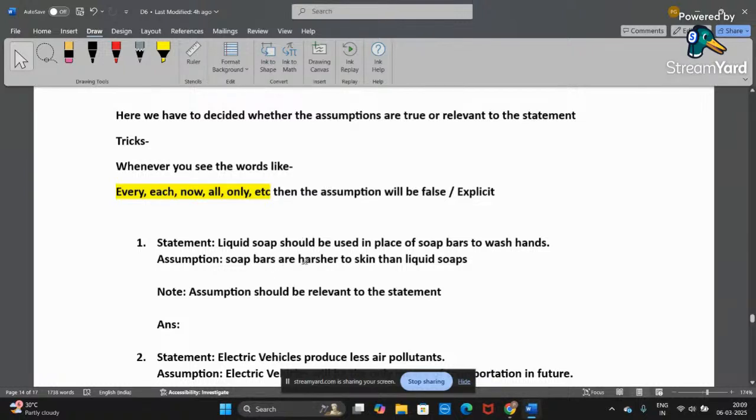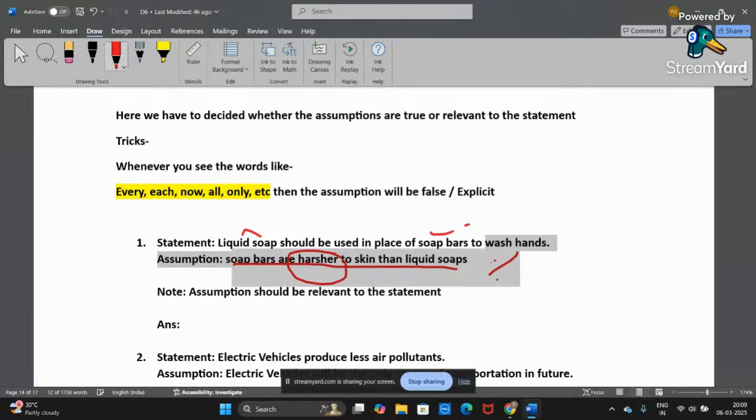But here they're telling about the harshness. So this is not satisfying this condition. This assumption is not related to the statement, because in the statement they are telling that you have to use liquid soap instead of bar soap, but here they are telling the harshness. So here it is not at all related.